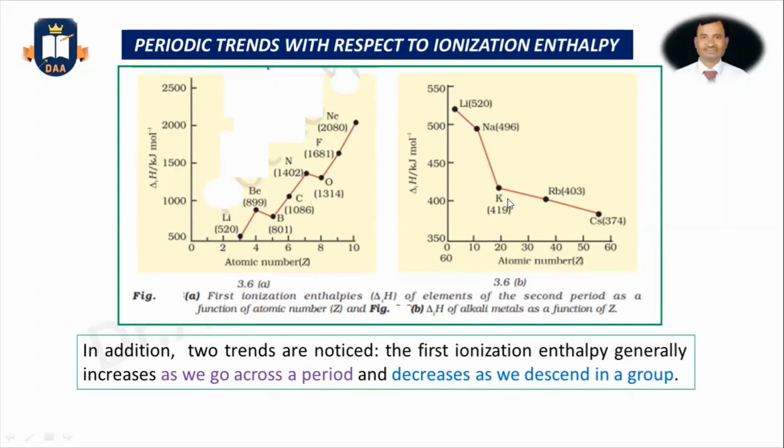But for a group, it decreases. That means the first ionization enthalpy decreases as we descend a group. That means in a group, if you go from top to bottom, the first ionization enthalpy will decrease.